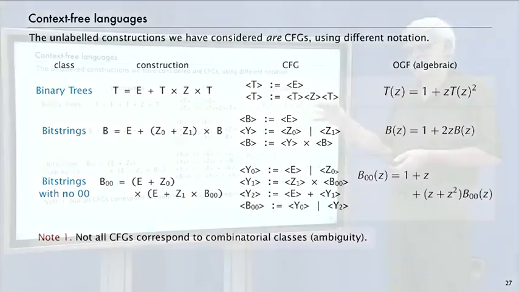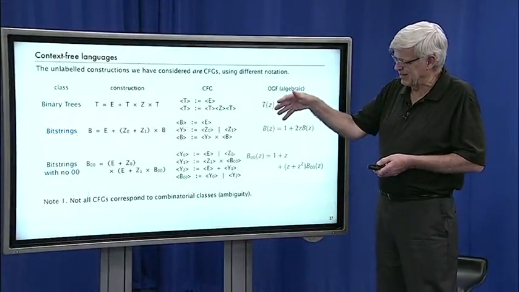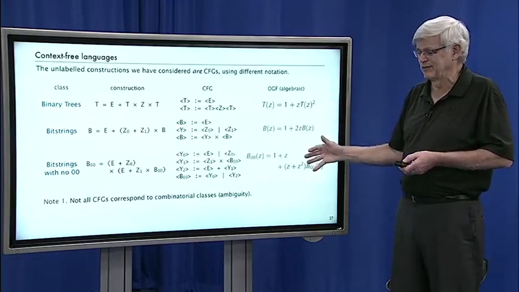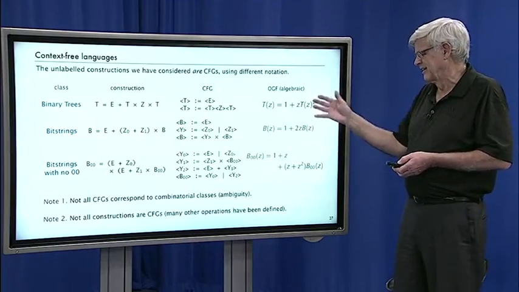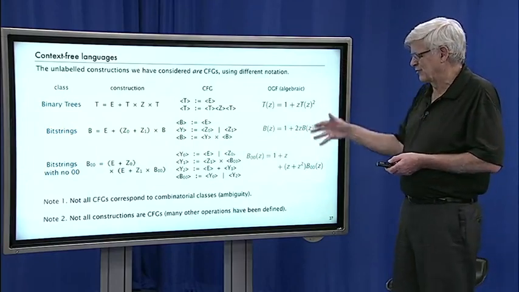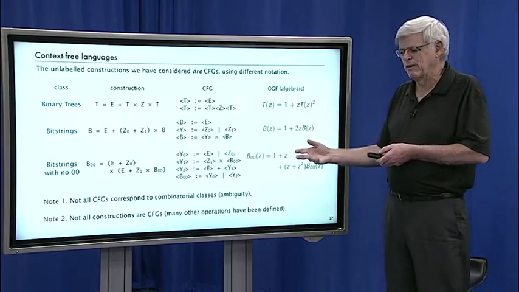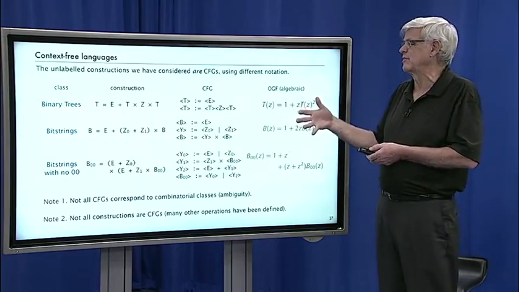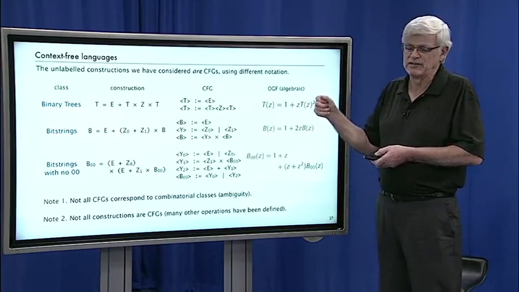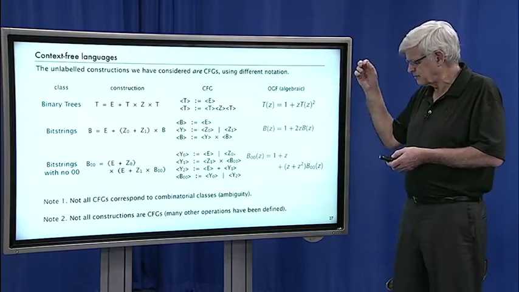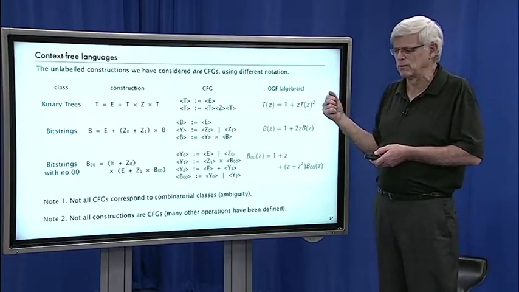Now, because of ambiguity, not all context-free grammars correspond to combinatorial classes that we can enumerate in this way, and not all constructions that we consider in the symbolic method are context-free grammars, because there's other operations that we use besides just concatenation and "or".